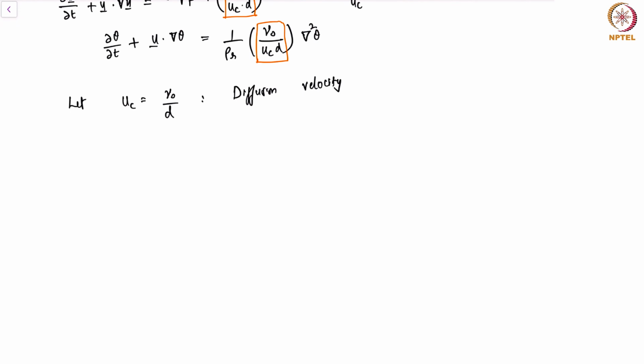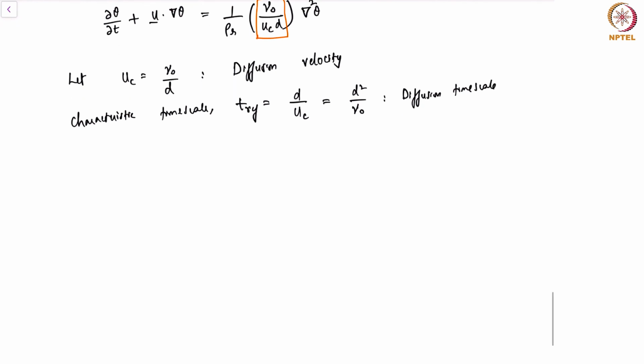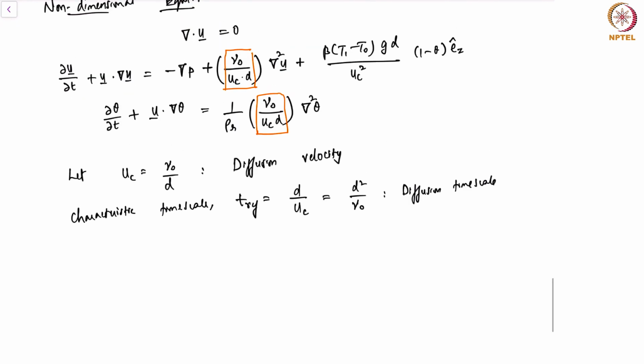And it immediately tells us that the characteristic time scale, let's call it Tref, or a reference time scale, becomes d by uc. This is nothing but d square by nu naught. This is the diffusion time scale. So that's what we have.